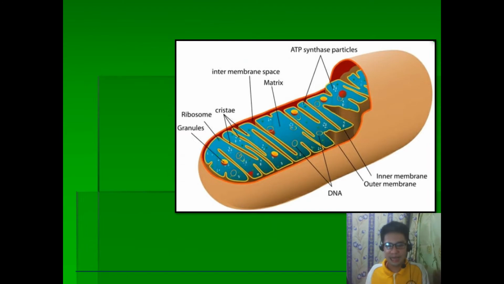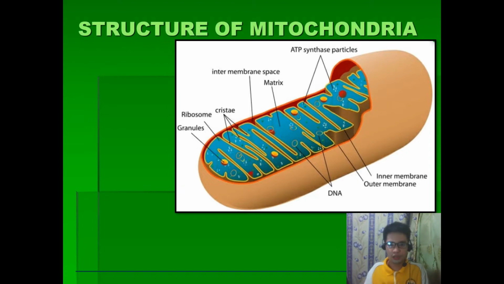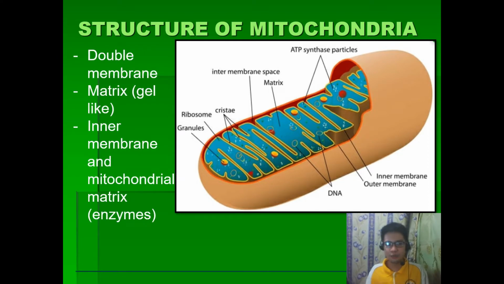Now, in this slide class, we will discuss the structure of the mitochondria. Take note of the terminology. Mitochondria is the plural form, and the singular form is mitochondrion. So, what are the descriptions of the mitochondrion? First, it is a double membrane cell organelle.